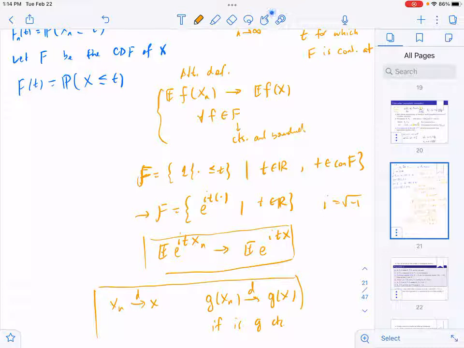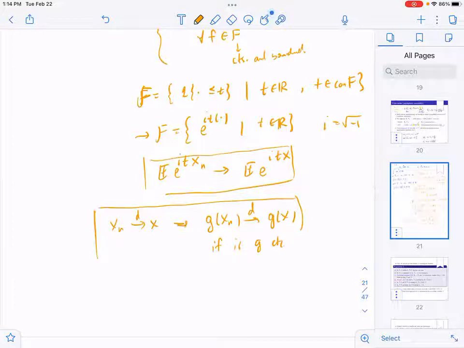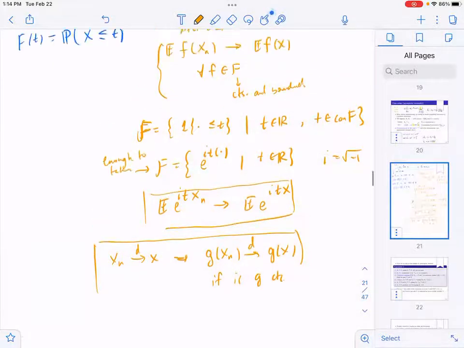So f of g would be bounded. So this result follows from that. It's enough to take f to be this, or in the 1D case, enough to have this, and so on.